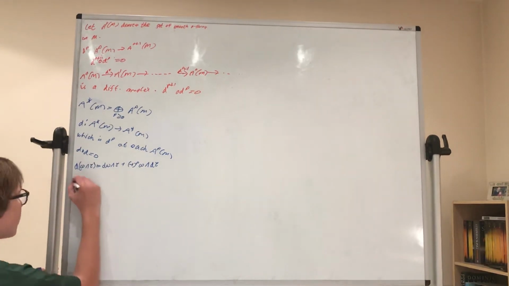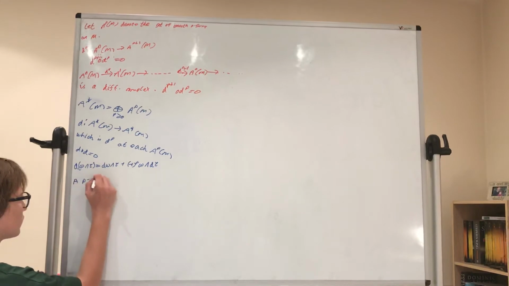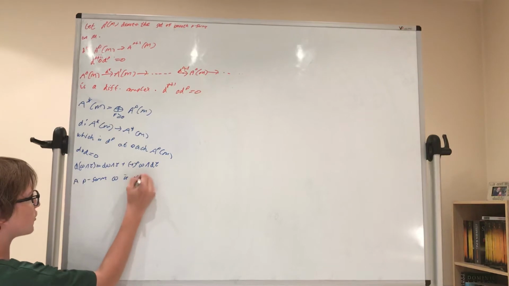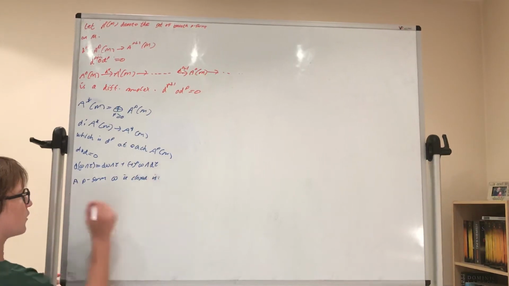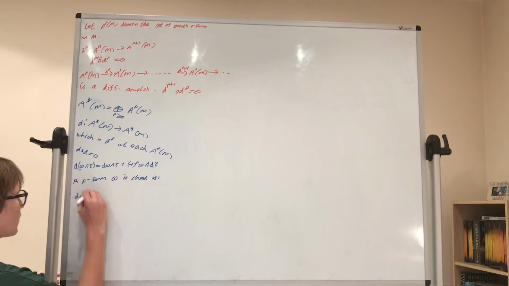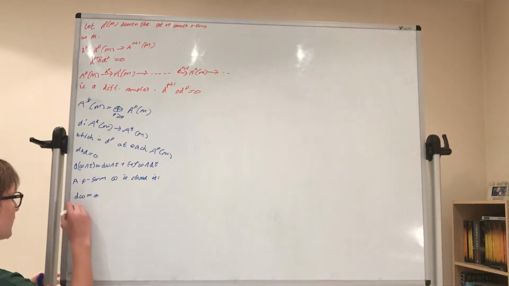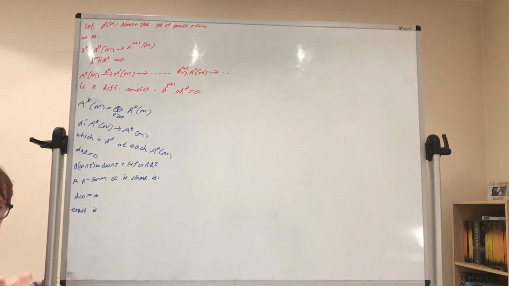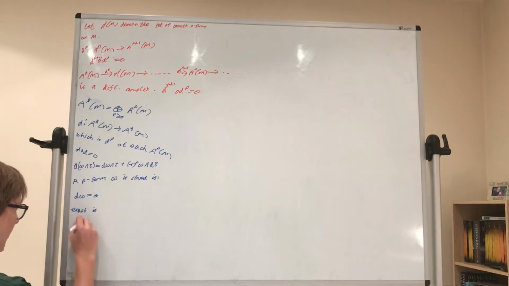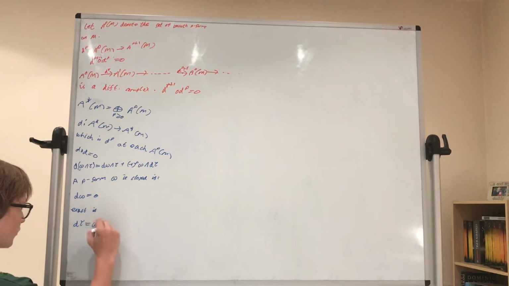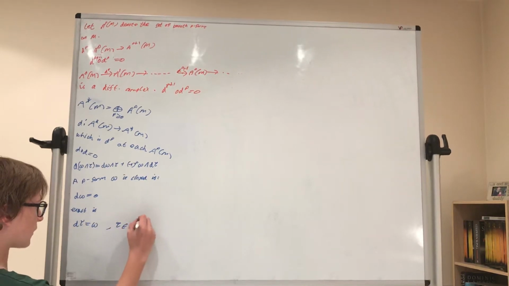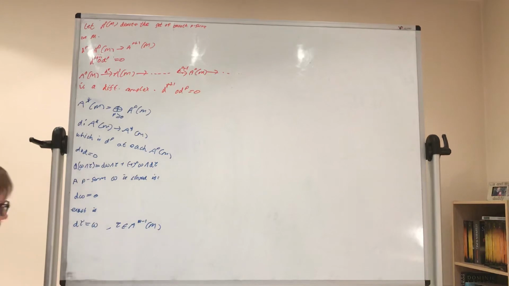So, a p-form omega is closed if d omega is equal to 0, and exact if there's a (p-1)-form, tau, let's call it, so that d tau equals omega, and tau is in A^(p-1)(M).